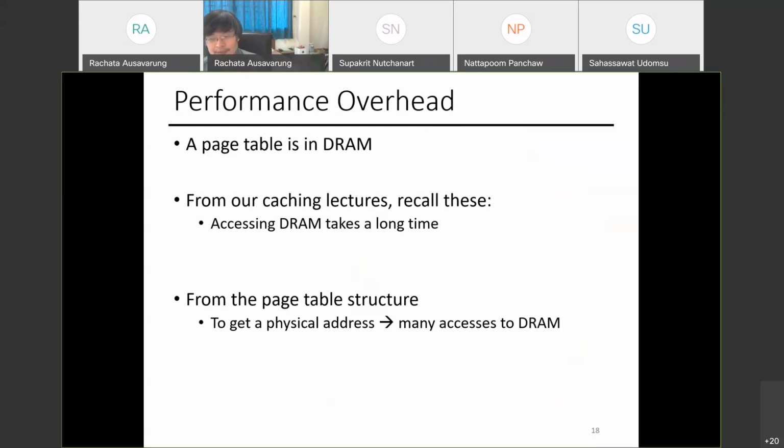Remember, you have 4 levels, right? So you need to go to the first level, that's one time, second level, third level, and the fourth level, which means that you need to go to DRAM 4 times just to know where your data is. Are you with me? Basically, just to access your data, you need to go to DRAM 4 times.